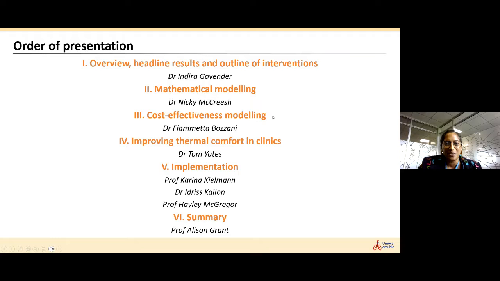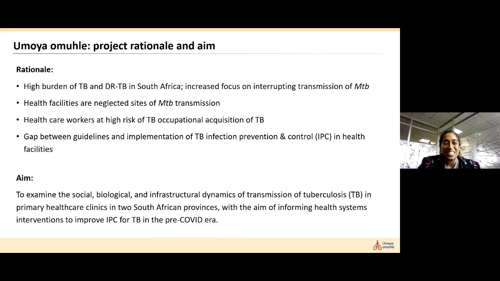I hope you can see the order of presentation, but this is how we will structure the talk. So diving right into the rationale of Umoya omuhle. Health facilities have long been neglected sites of Mycobacterium tuberculosis transmission, and healthcare workers are at high risk of occupational acquisition of TB.